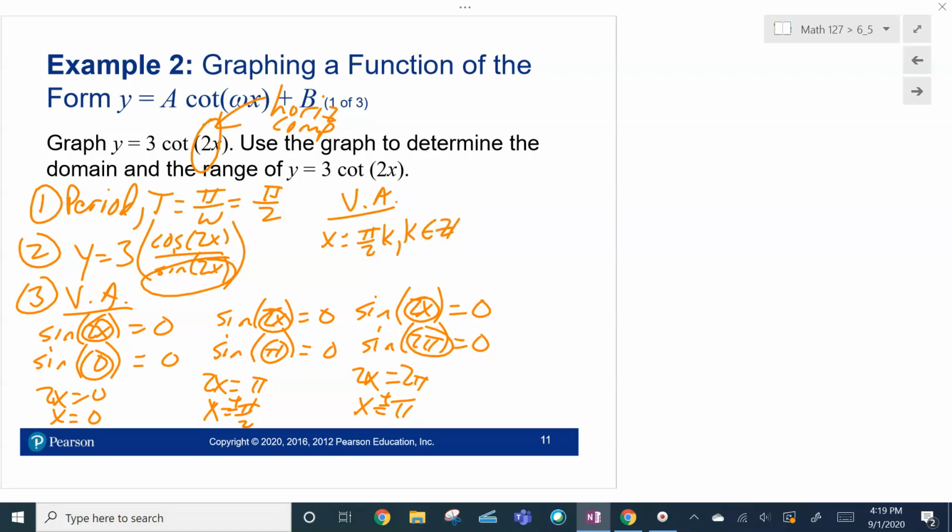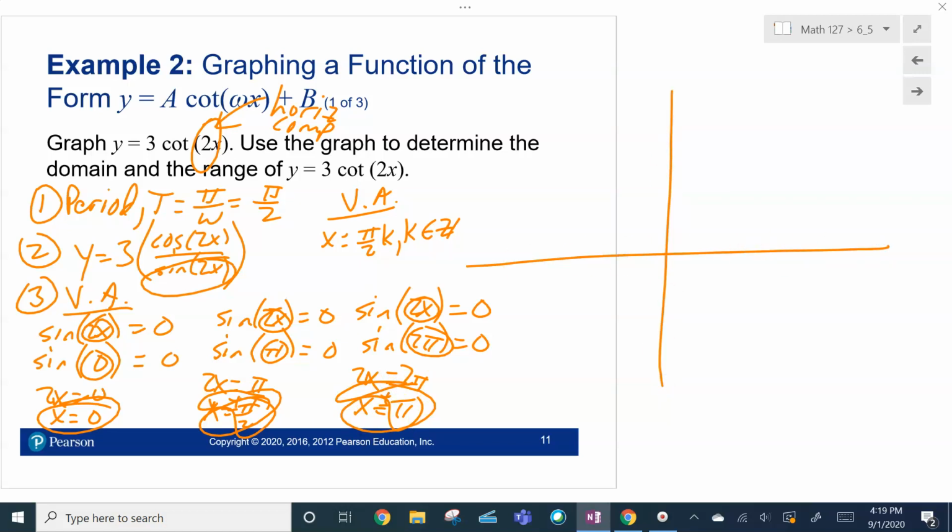Because if k is 0, x is 0. K is 1, x is pi halves. K is 2, pi halves times 2 is pi. If k is negative 1, then I get negative pi halves. K is negative 2, I get negative pi, and so on. So that takes care of all those.